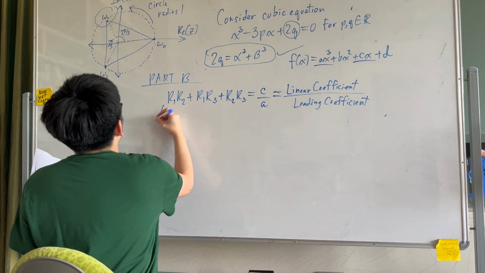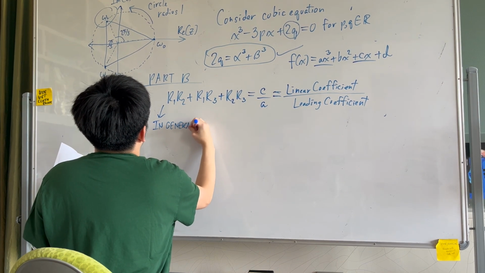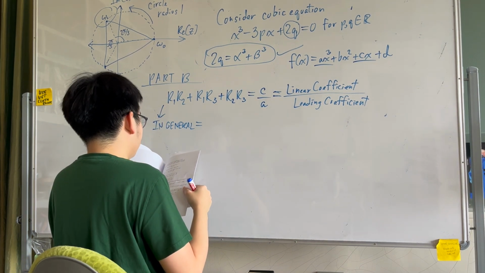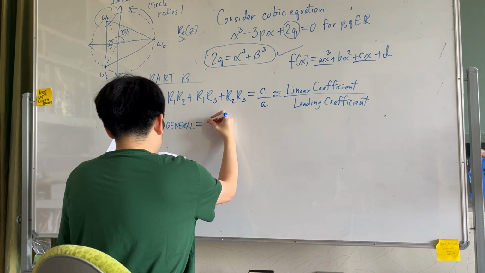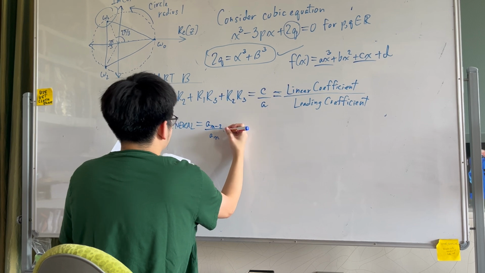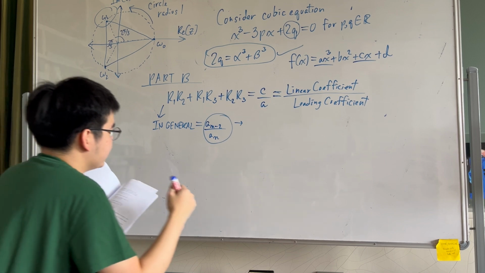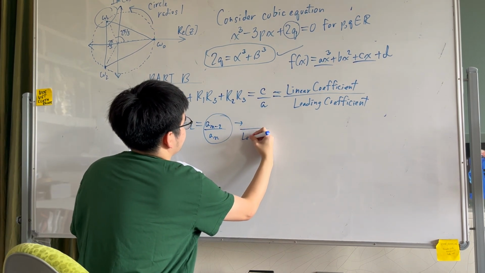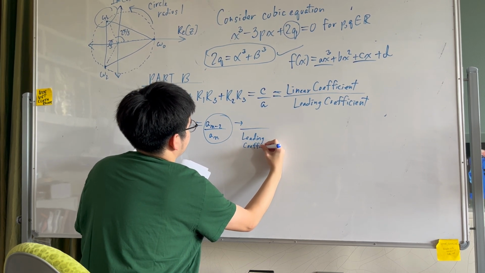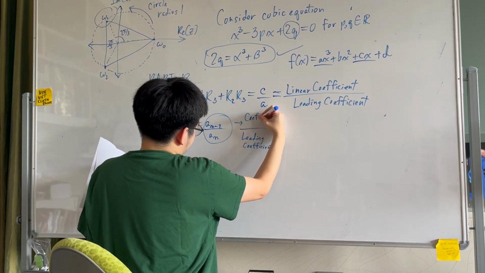This thing in general, for any, let's call it linear combination of products, is equal to this here, which is over the leading coefficient. So this is the leading coefficient. And I guess all I could say is this is the coefficient of the n minus 2th term.